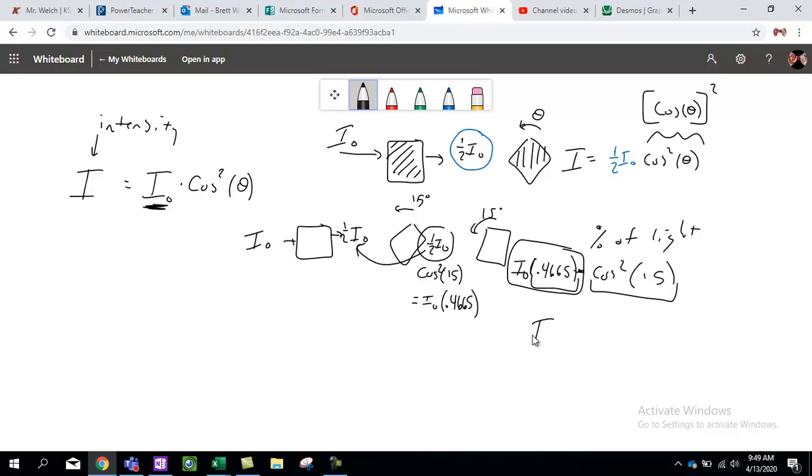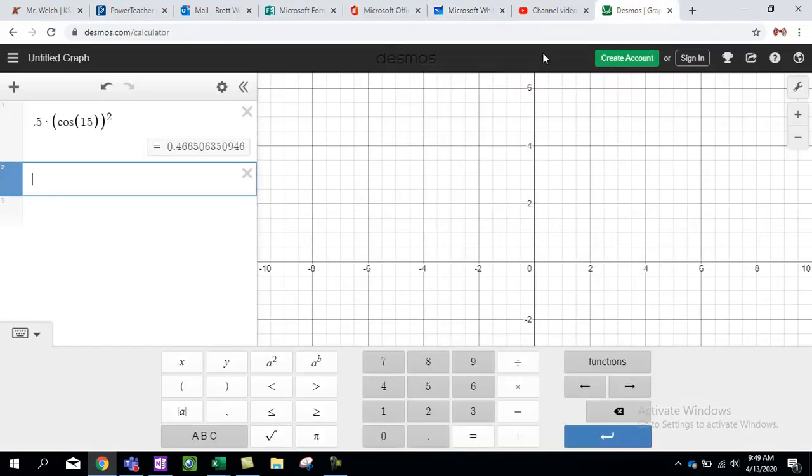So then my final I, or I final, equals some amount of I naught. To figure out the amount, I need to multiply my numbers here. So I'm going to take this right up here, and listen, that number right there is 0.4665.